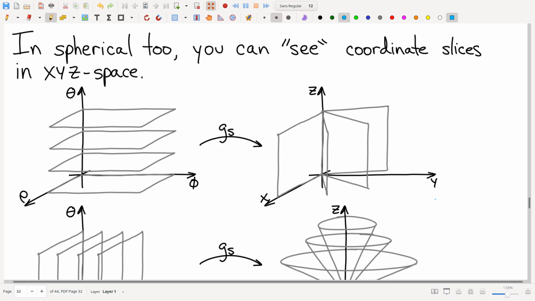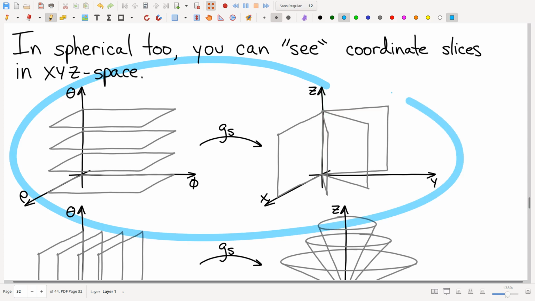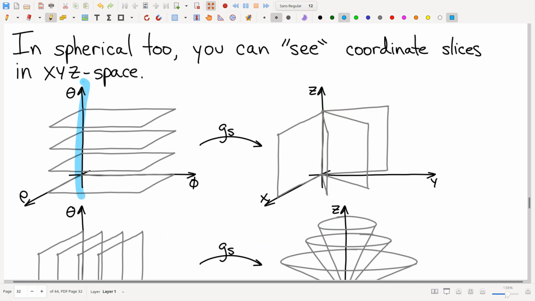Much more convenient to just see what the slices look like in XYZ space. Just a lot easier to think of it that way. So as before, constant values of theta are half planes hinged on the z-axis, because the spherical theta is exactly the same as the cylindrical theta. So that's no change.